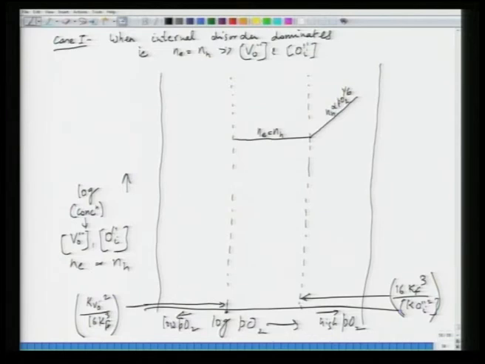And how does it vary on the lower pressure side? It varies as minus 1 by 6. So, this is again Nh. Now, what about Ne? Ne goes as, on the higher pressure side, minus 1 by 6, sorry, plus 1 by 6, I am sorry.